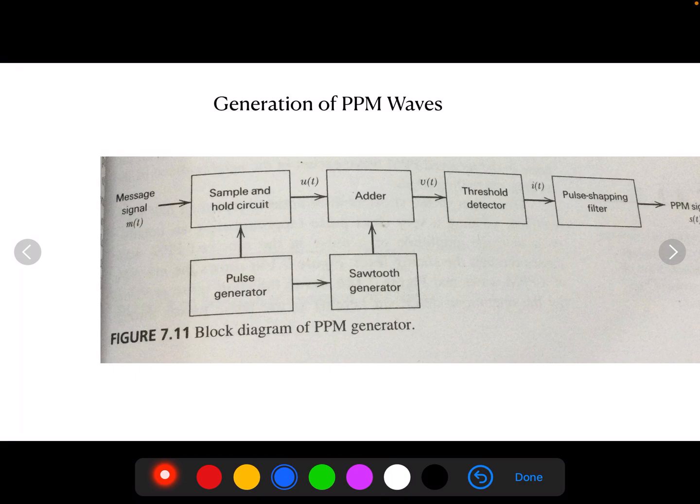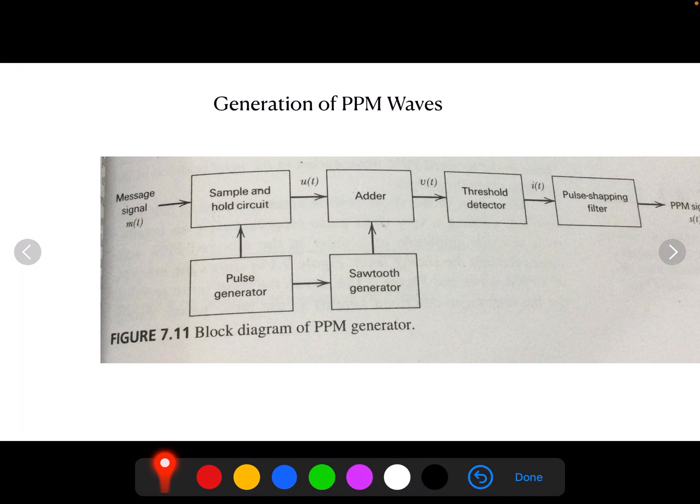Here the message signal m of T is converted into a PAM signal by means of a sample and hold circuit, which generates a staircase kind of waveform which is represented as U of T. Note that the pulse duration T of the sample and hold circuit is the same as the pulse duration.